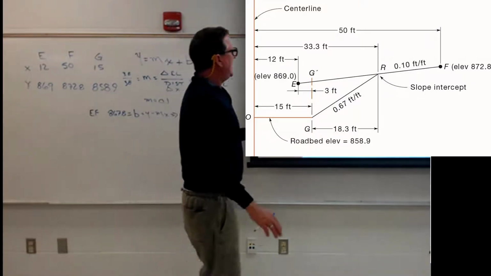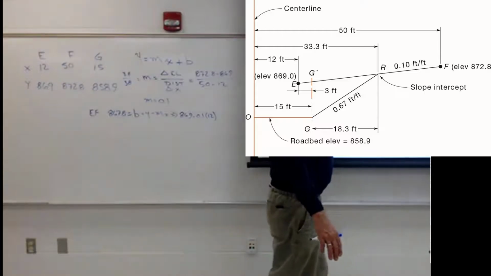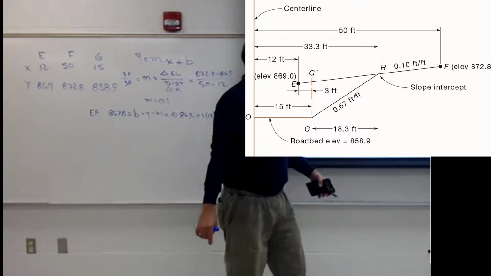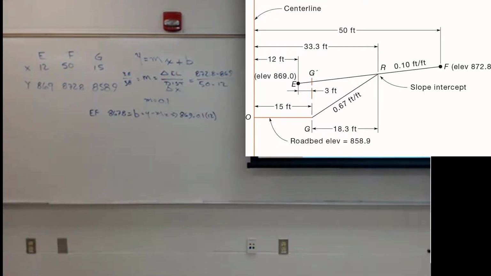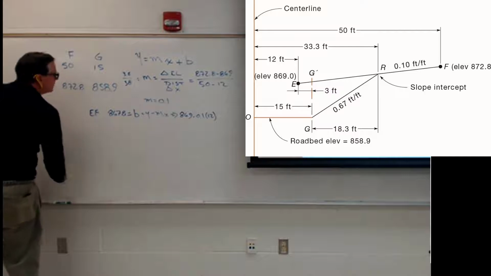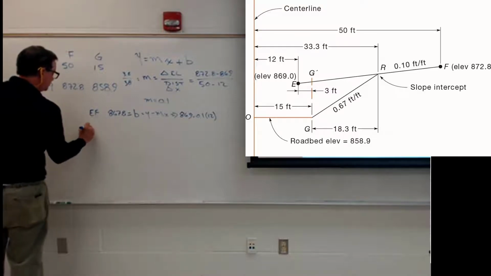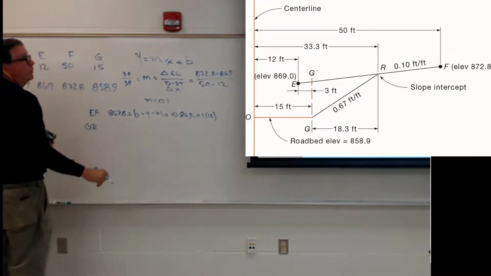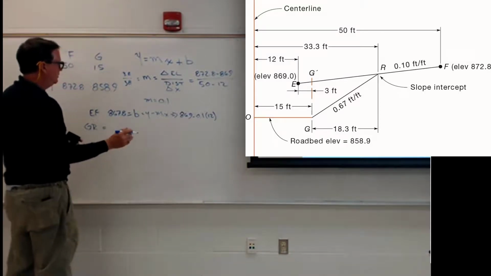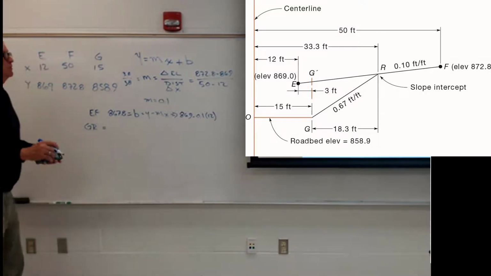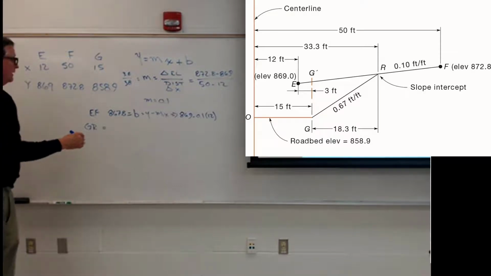And so you need to do the same thing for this line. Now this line, they show that the slope on that is 0.67 foot per foot. But how would we express that? So for GR, we also know that Y equals MX plus B, right?